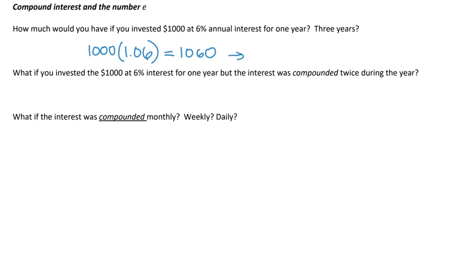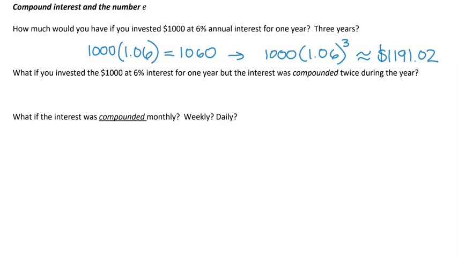But if we want to summarize that and start to try and build our exponential function, at the end of 3 years, you should have increased by 6% 3 times. So we get this 1,000 times 1.06 cubed, and I get from that approximately $1,191.02, 0.016, so rounds up to 2 cents.